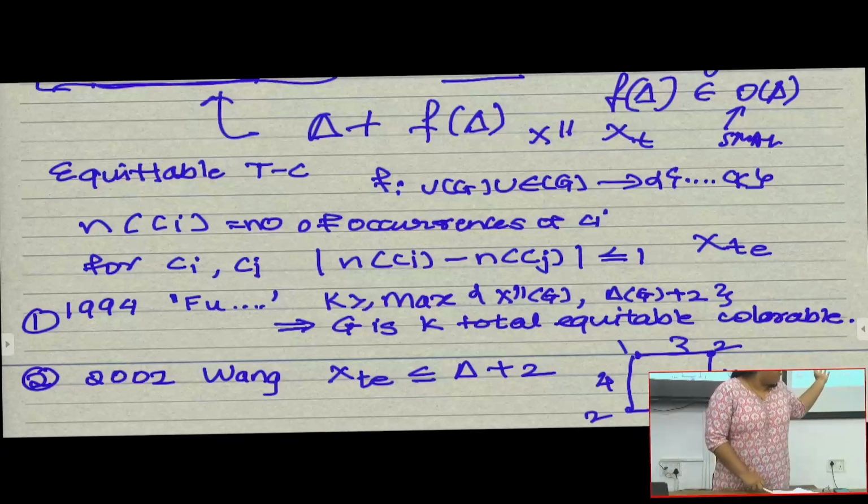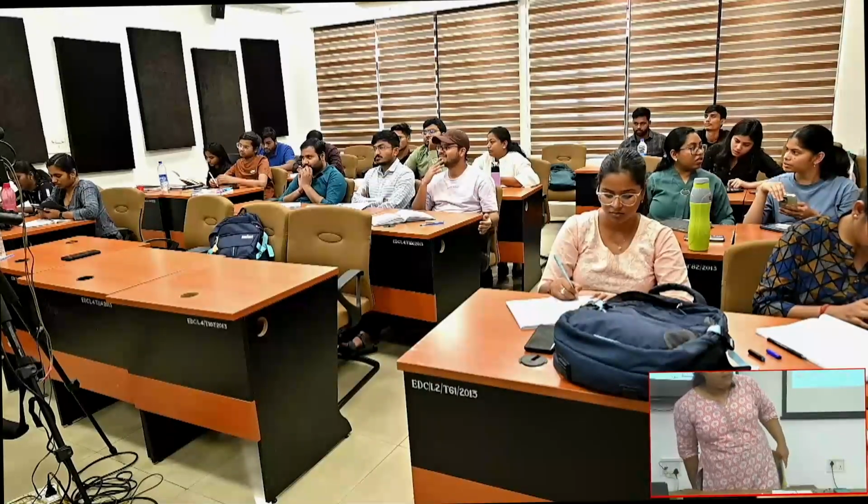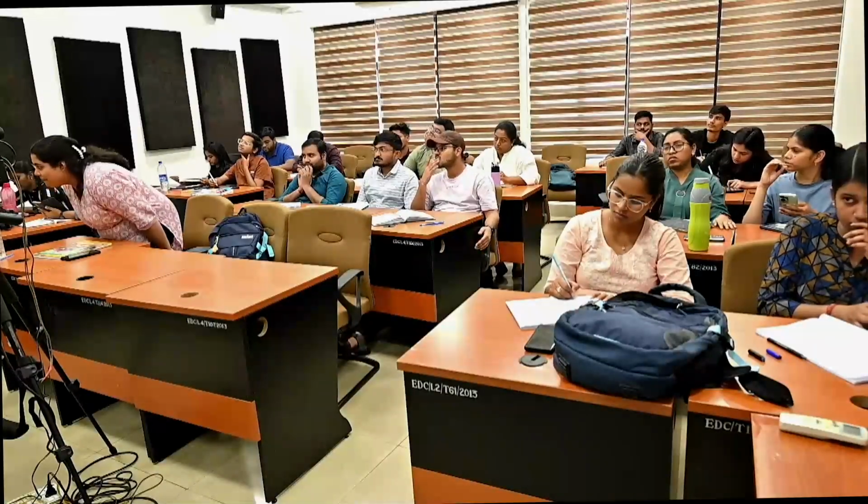Snarks are already exhausted in this. What is known? Cycles, complete graphs, complete bipartite graphs. Not completely. Do you believe this conjecture or not? I don't believe this.